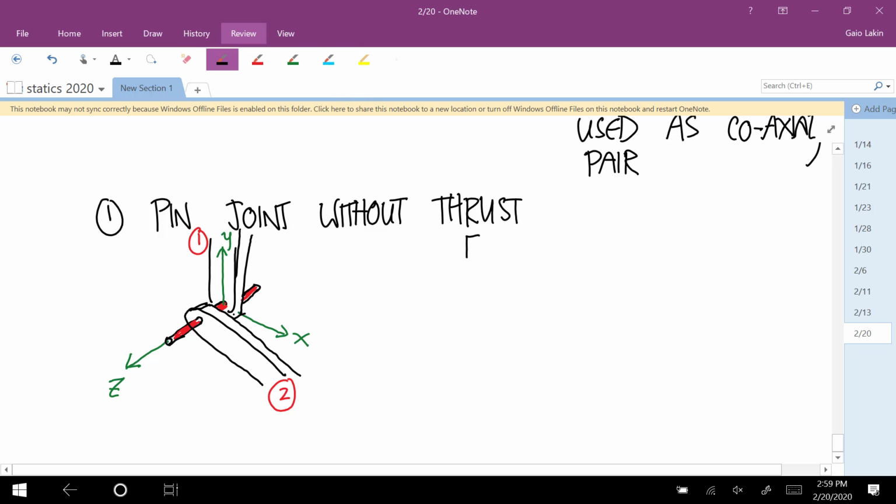So a free body diagram of member 1 has a force component in the direction of x. So I'll call that the fx component.